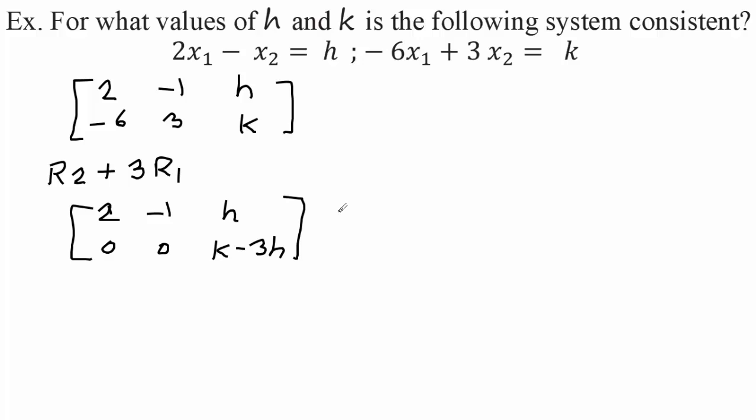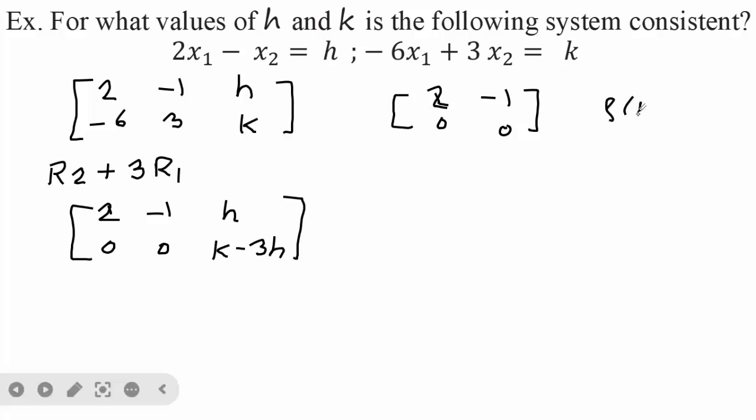The system will be consistent if the rank of both matrices is the same. What is the rank of AB? What is the rank of the A matrix? Rank of A, we write the A matrix here: 2, -1, 0, 0. Therefore, the rank of this matrix is 1. And the rank of this augmented matrix is 1 or 2.